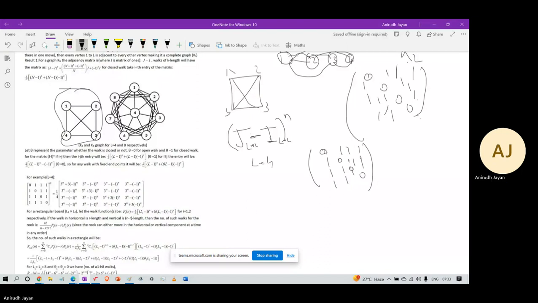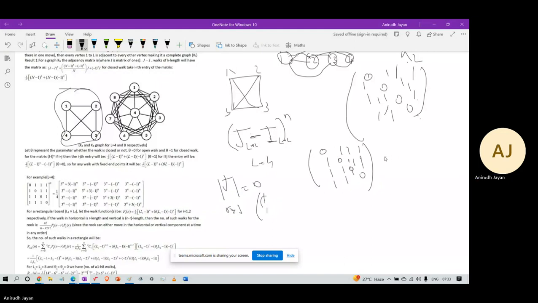Now, the determinant of J is 0 since the rank of J is 1. Rank of J is 1 since all the rows are repeating.